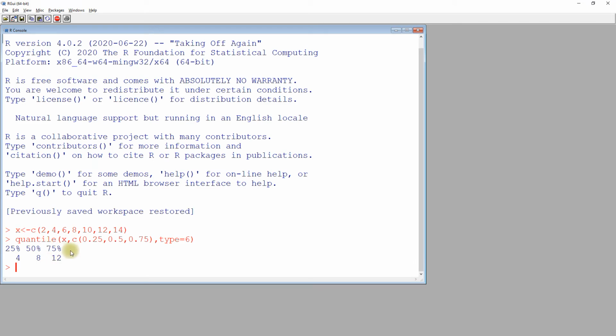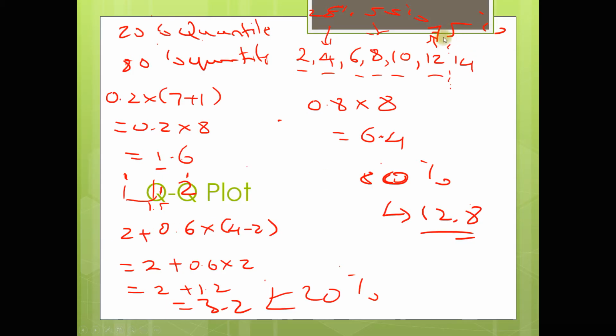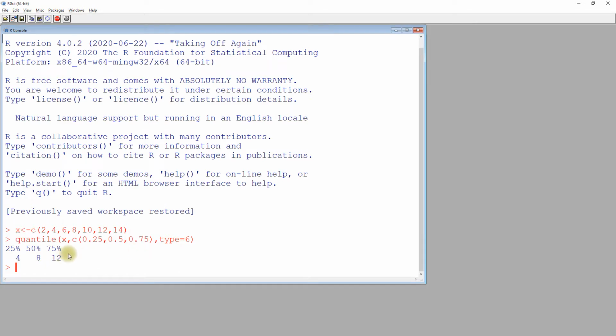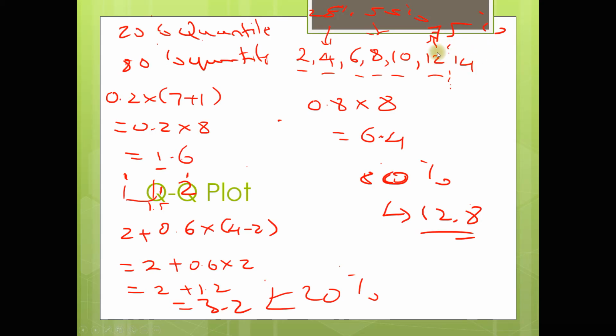Then you have the 75% quantile, which is 12 as you saw here, also referred to as the 75th percentile, the third quartile and the upper quartile.